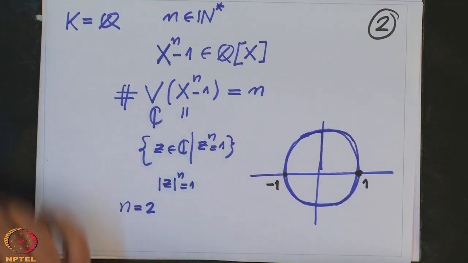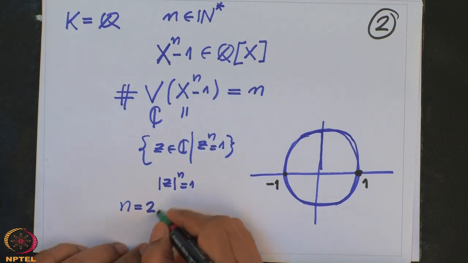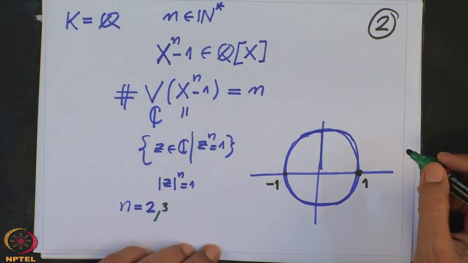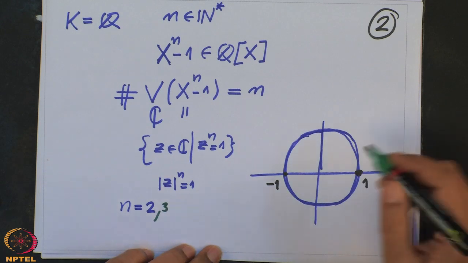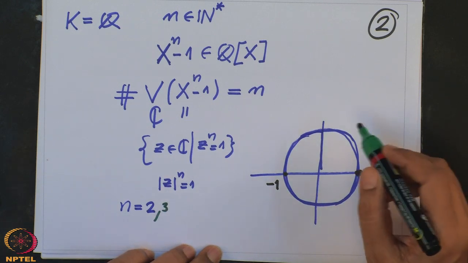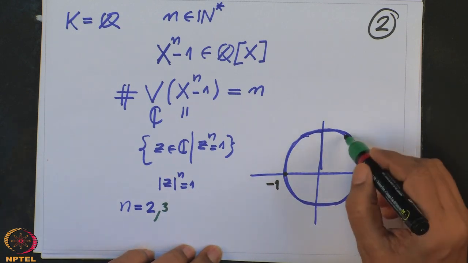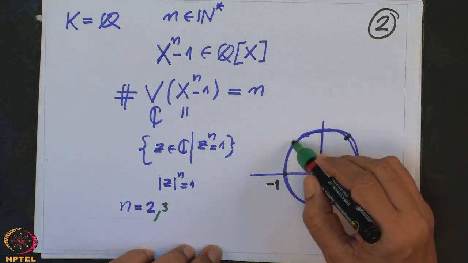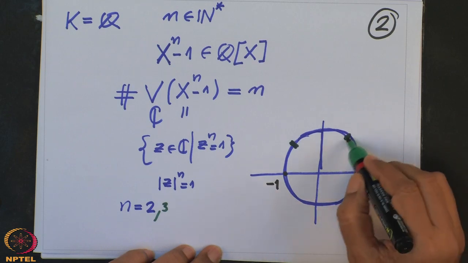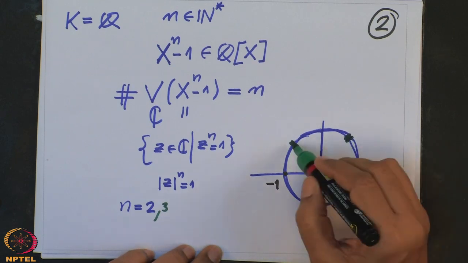If I want the n equal to 3 case, there is one real zero somewhere here, and then another here and another here. So this circle gets divided into 3 equal parts.